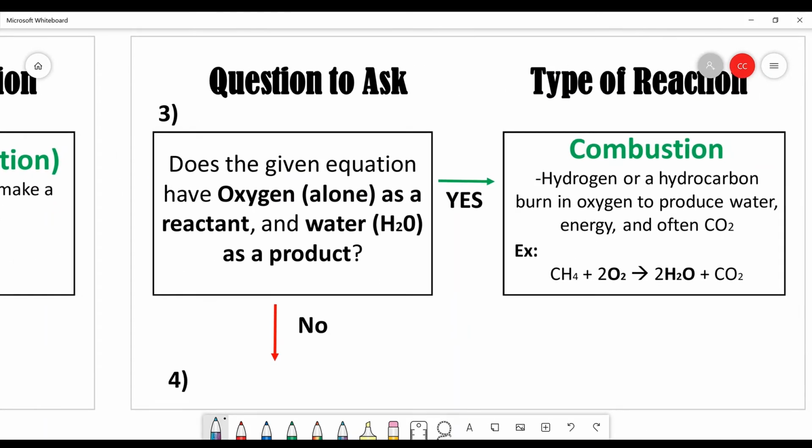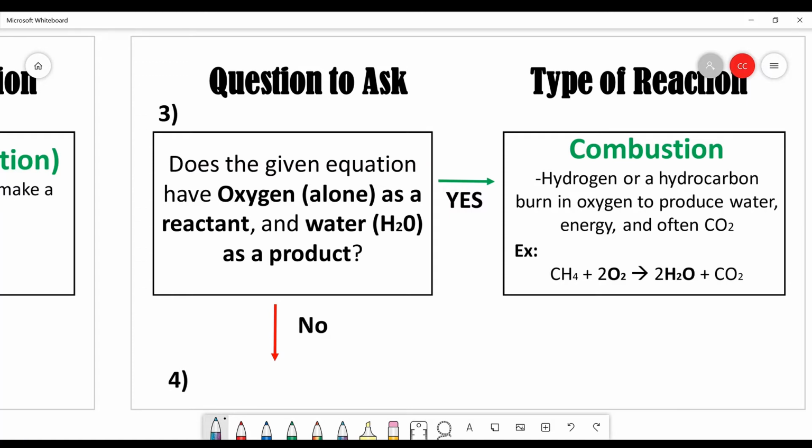The third question. Does the given equation have oxygen alone as a reactant and water as a product? If so, this is combustion. A hydrogen or a hydrocarbon burns in the oxygen to produce water and energy, and often CO2.